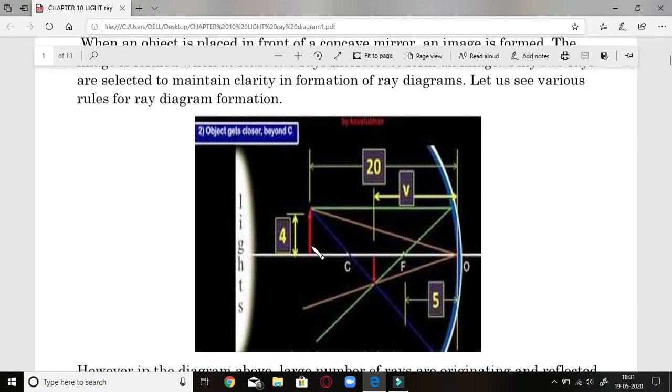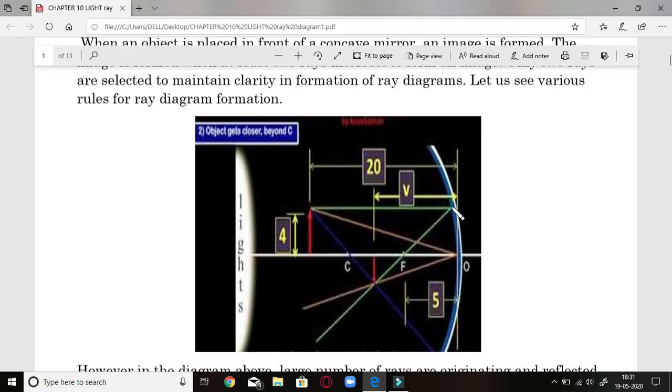Now this red arrow is an object which is placed just before it. This object may be a candle, a tube light, a chair, maybe a non-luminous object or luminous object. So light is being reflected from this source and that is going and falling on the reflecting surface of the concave mirror.